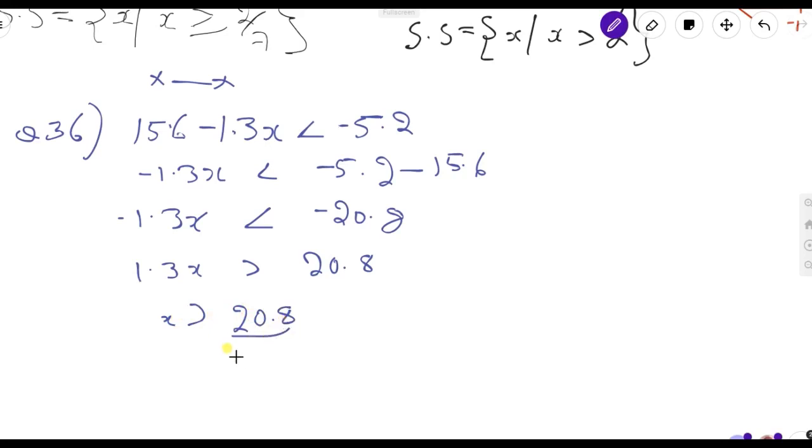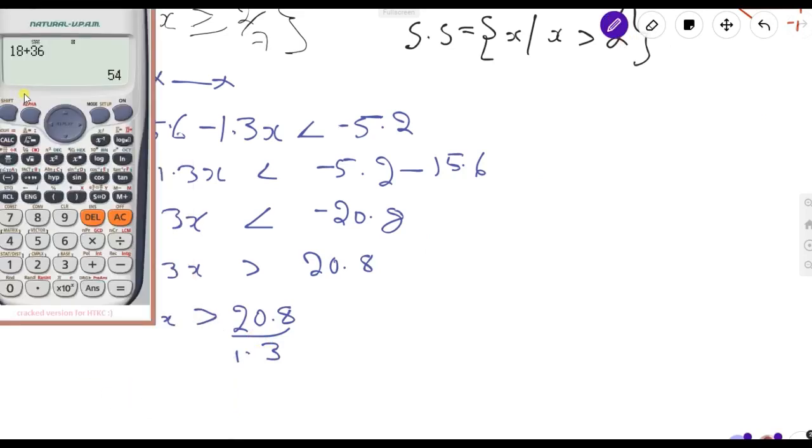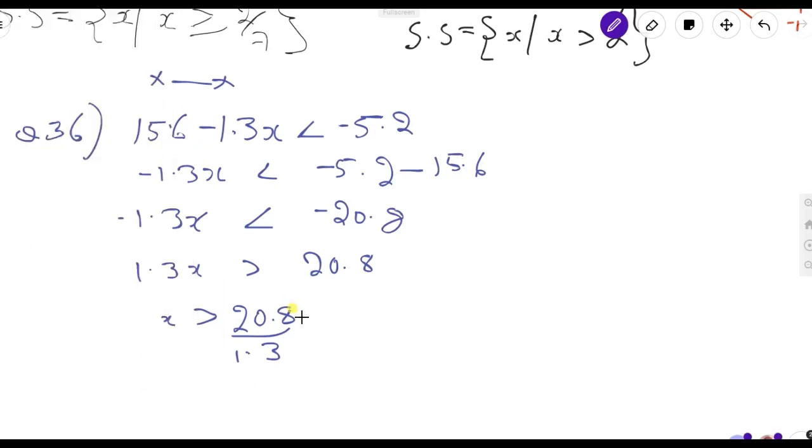What is it now? 20.8 divided by 1.3. Yeah, it's 16. Beautiful, that's right. So it is 16. It means that your x is greater than 16.